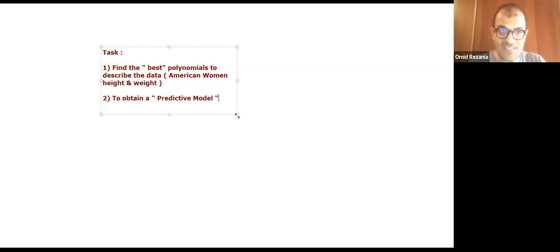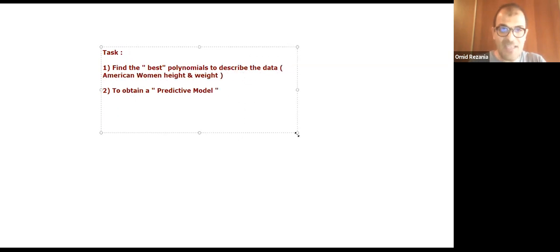Then task number 2 is going to be to obtain a predictive model, which we have some tests also to make in order to make sure that the prediction is the accurate one that it's going to create.